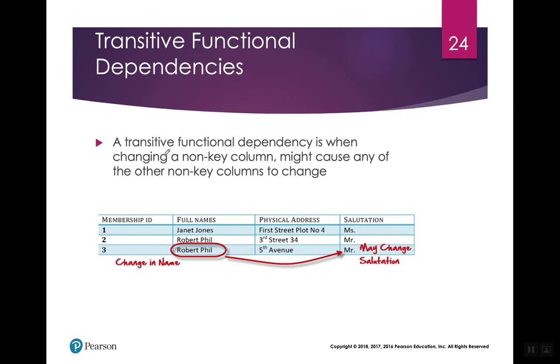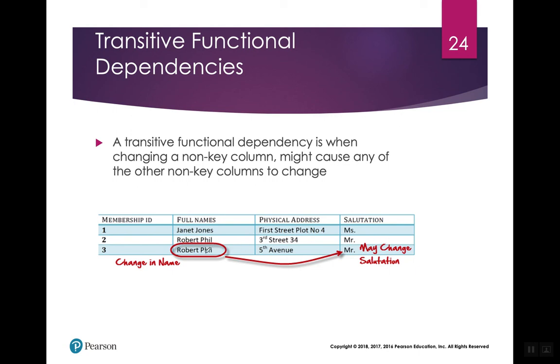Now, as we start getting into the next one, the third normal form, it becomes a little bit more esoteric. There's a thing called transitive functional dependencies. Basically what this is saying is that if I change one value, it could have impacts on other columns.